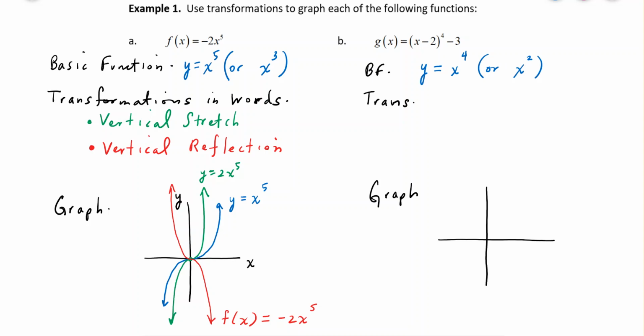What are the transformations? We have a -2 inside the basic function, so that would be a shift to the right 2. And then we have a -3 outside the basic function. That's another shift.